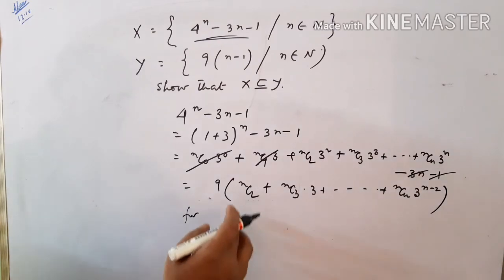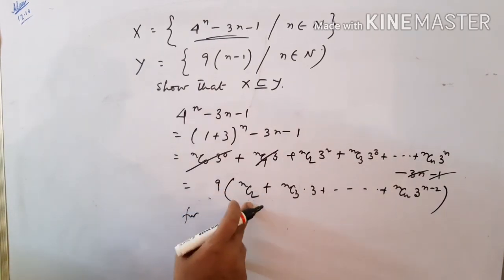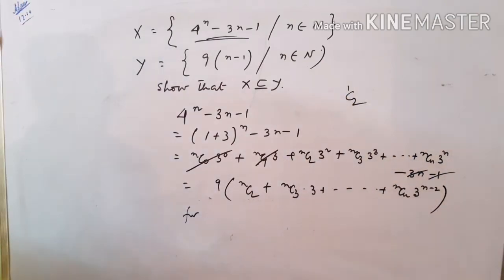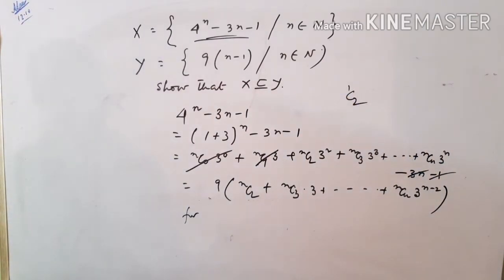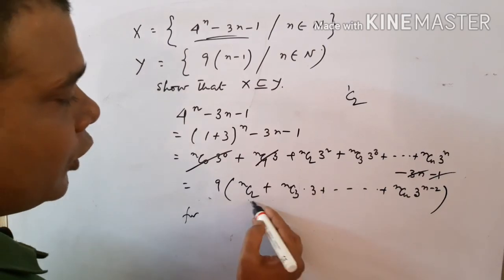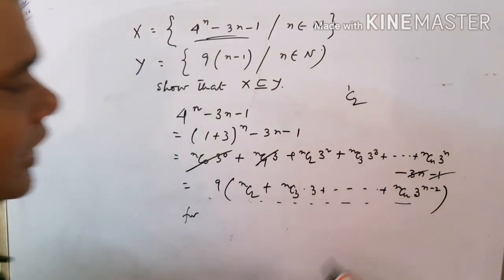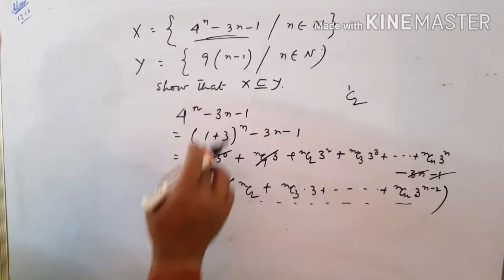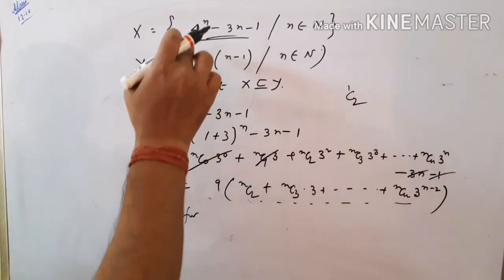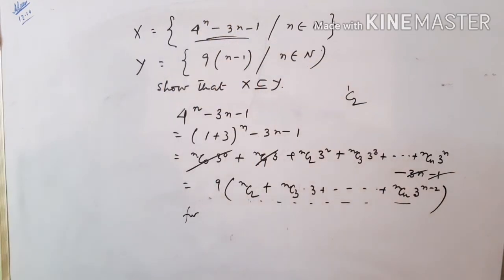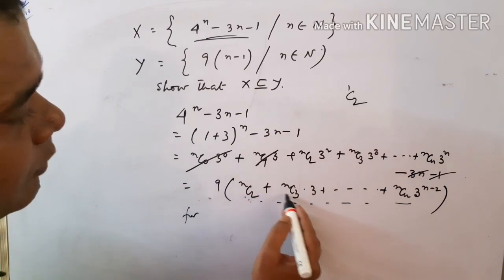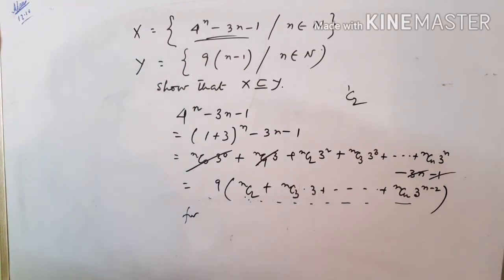If we put n equals 1, 1C2 means out of 1 thing, we are taking 2 things at a time. This is not possible, so the combination doesn't exist. So we take the value 0. So for n equals 1, it doesn't exist. For n equals 2, 2C2 will exist, but 2C3, the remaining part, will not exist.